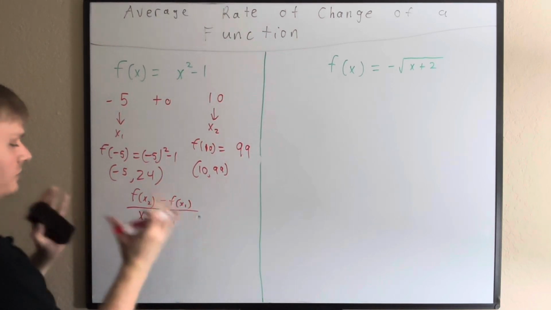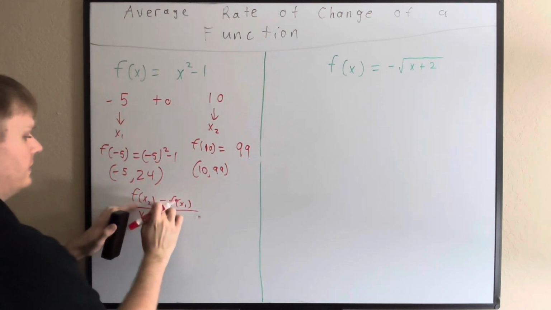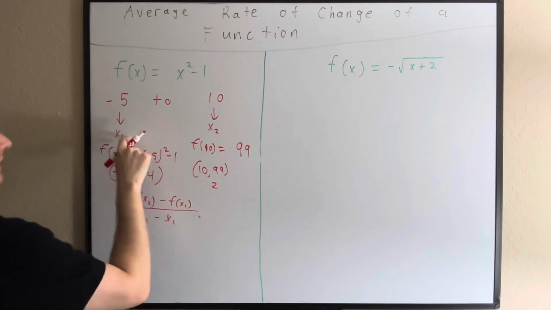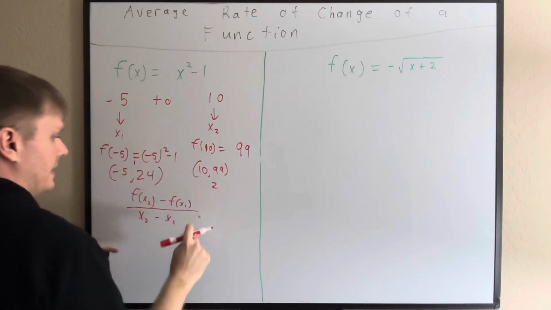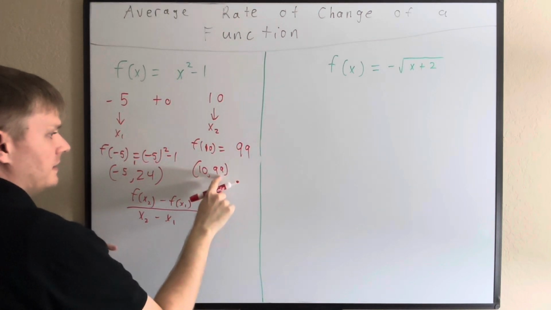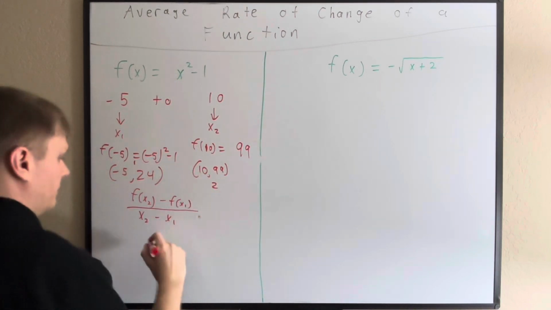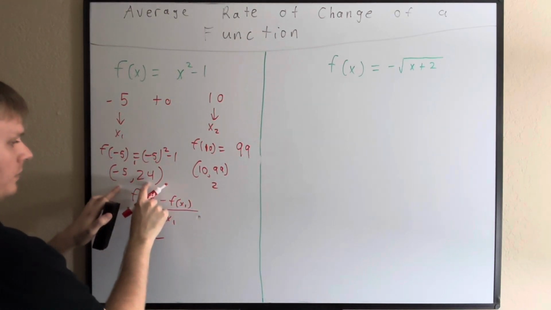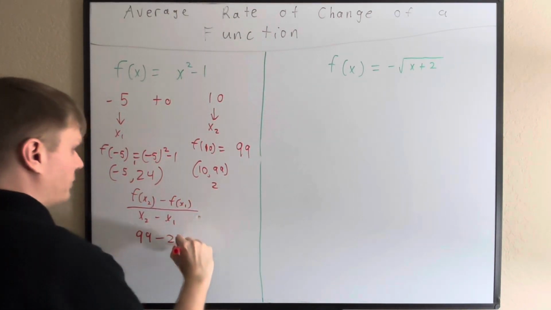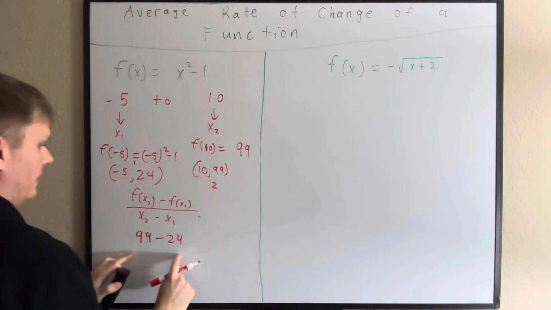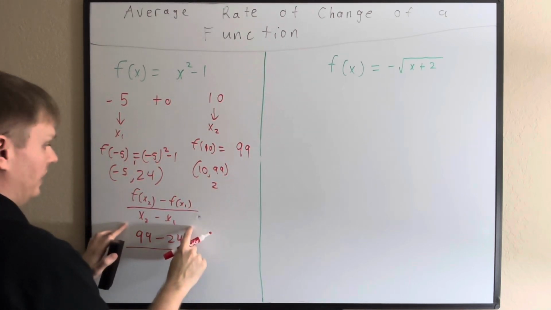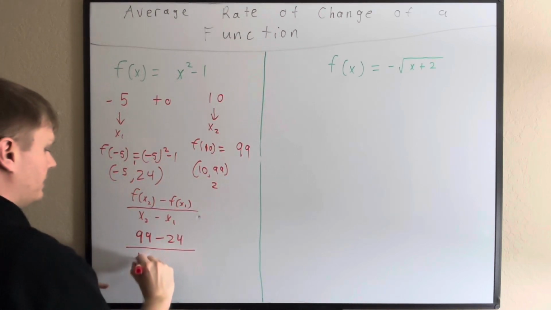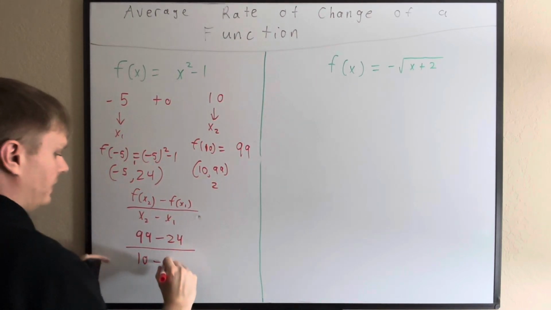Got to remember, just memorize that. So this would be f of x2, which is 99, and f of x1 would be 24. Those are outputs, and then inputs underneath it. The second one first, 10 minus -5.